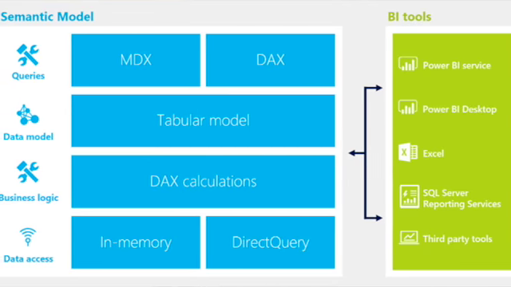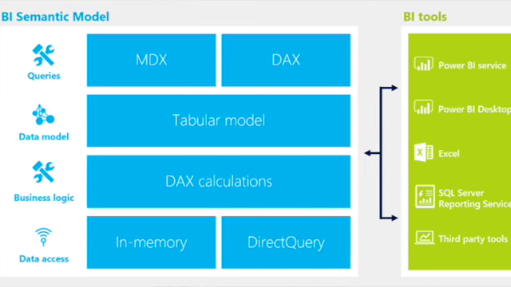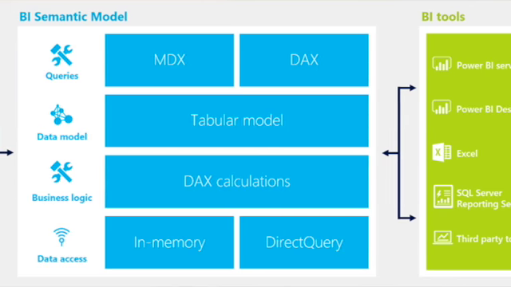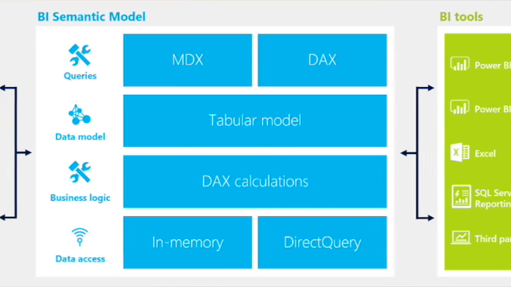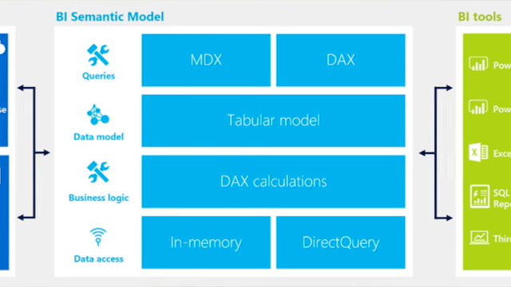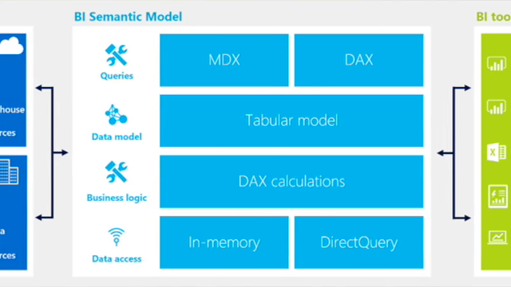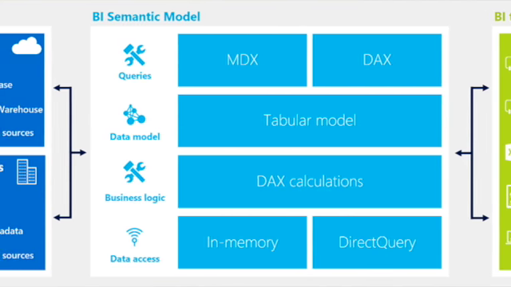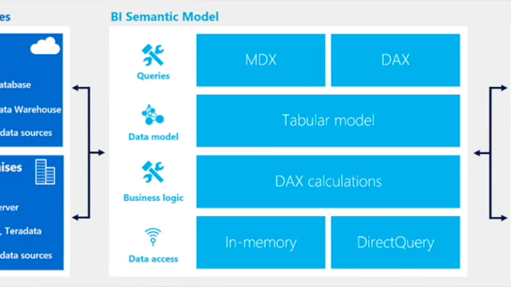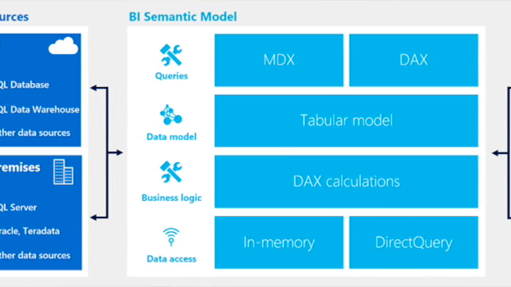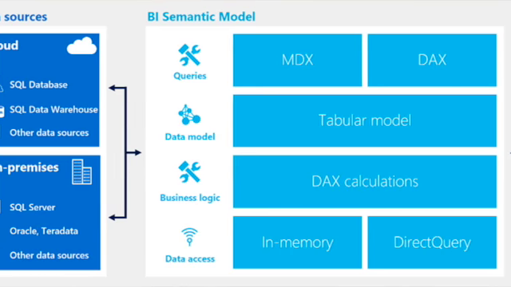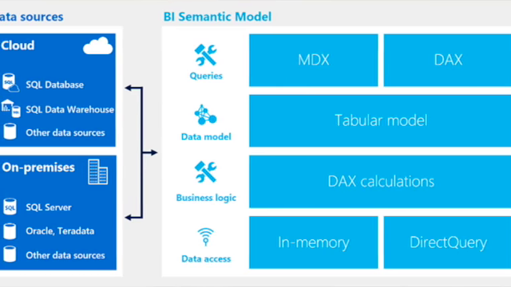Power Business Intelligence is a collection of software services, apps, and connectors that work together to turn your unrelated data sources into coherent, visually immersive, and interactive insights. Your data may be an Excel spreadsheet or a collection of cloud-based and on-premises hybrid data warehouses.